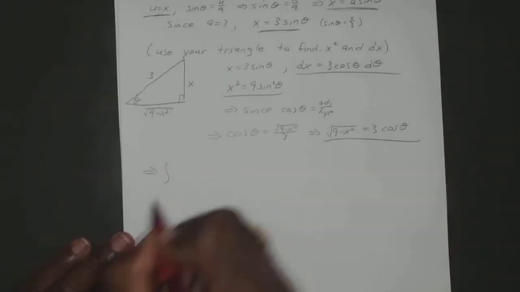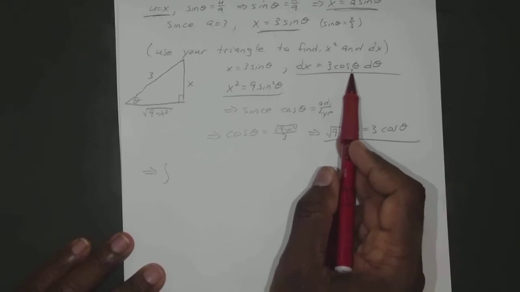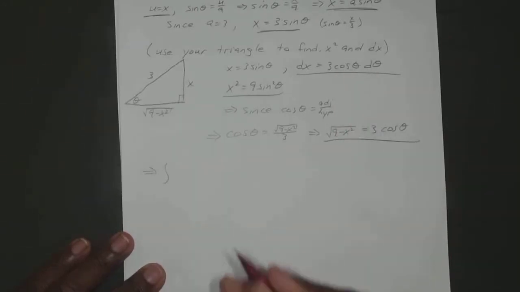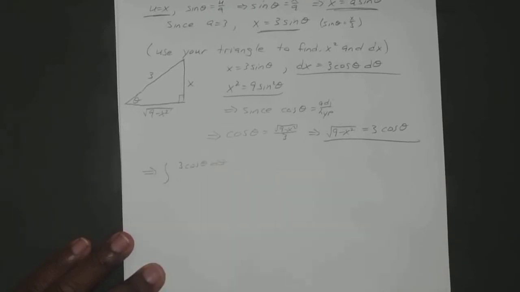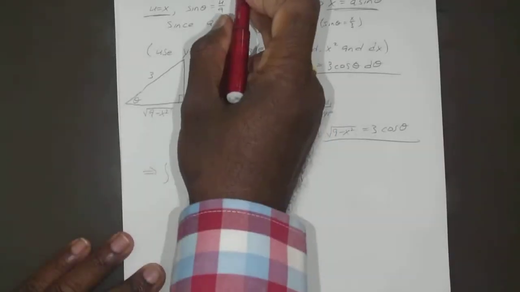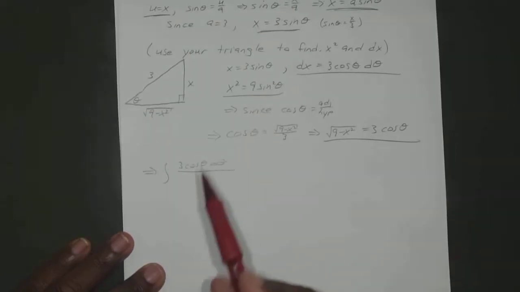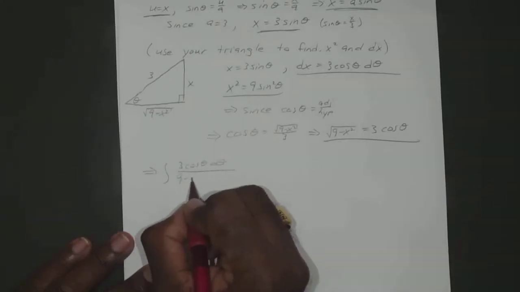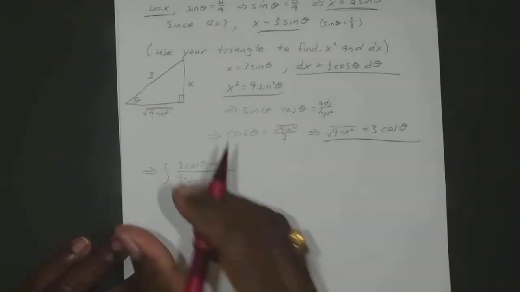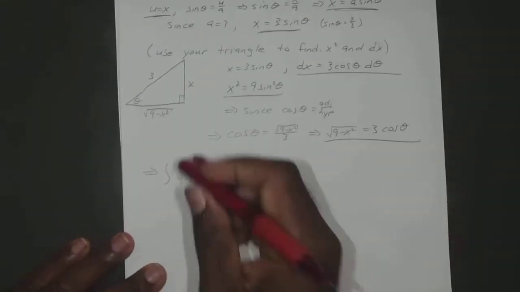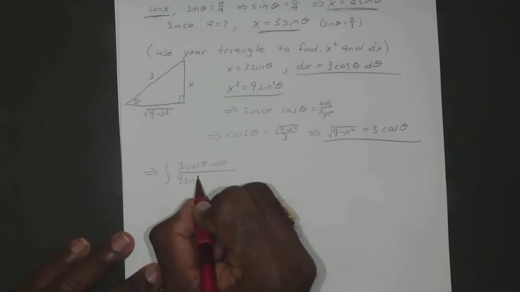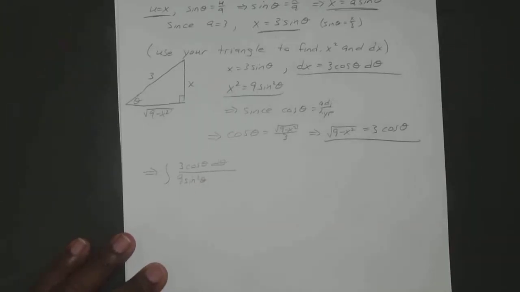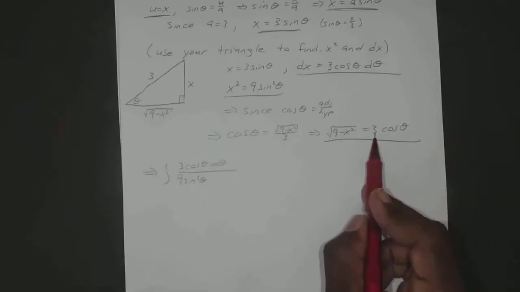We know dx is 3 cosine theta with respect to theta, over your x squared, which is 9 sine squared theta, and the square root of 9 minus x squared is 3 cosine theta.